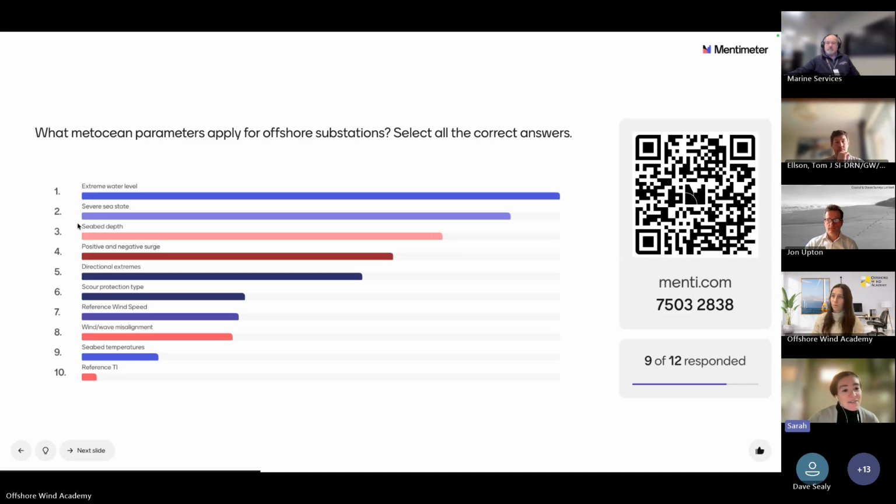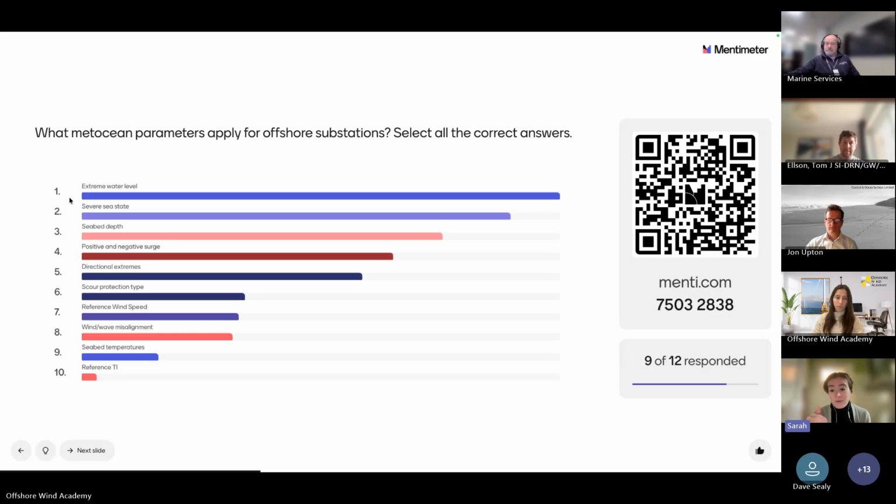And indeed, severe sea state and extreme water levels are two important things for foundations as well. Extreme water level is when you talk about the summation of your tides, your high water level, your surge, and then your wave crest height on top of that. That is going to give you a different value than your severe sea state.